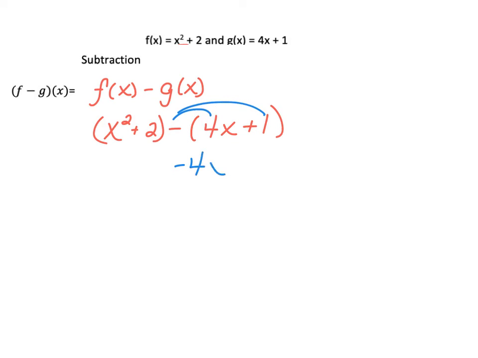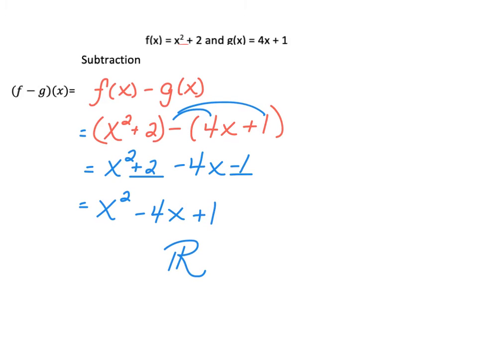So it would be minus 4x minus 1. I'll just recopy this first. And let's see if we have any like terms. Looks like I now have x squared minus 4x plus 1. And the domain is the intersection of the two. It's all real numbers, or just look at it, it's going to be a parabola.